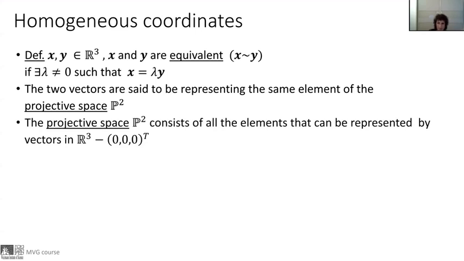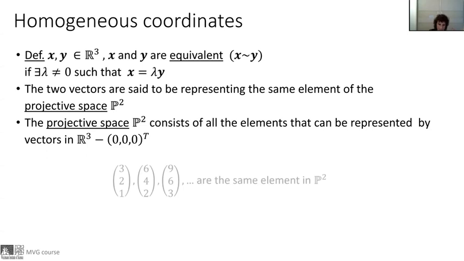Now the projective space P2 consists of all the elements that exist in R3 when we exclude the 0, 0, 0 point. Later on, you will understand why we exclude this point. So I have a space called the projective space P2, and the way that I represent a point in this space is by using a vector of length 3.